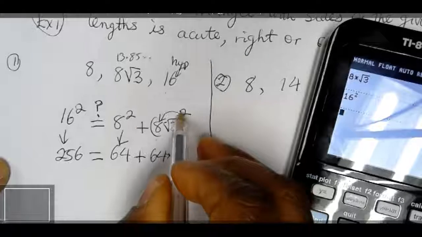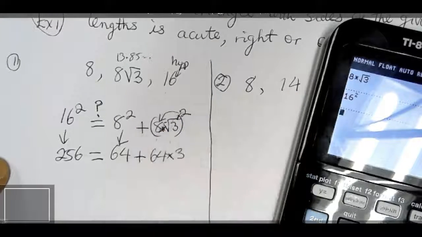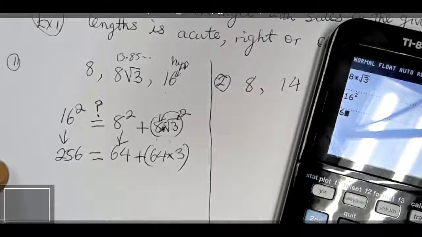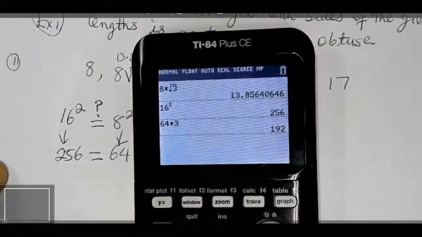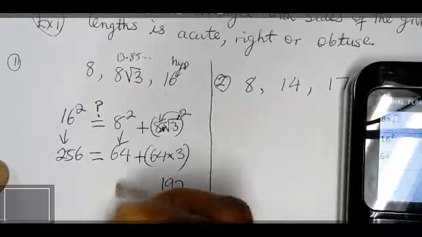The square is distributed because this is multiplication. We can put them in parentheses and simplify that first. So 64 times 3 is 192.